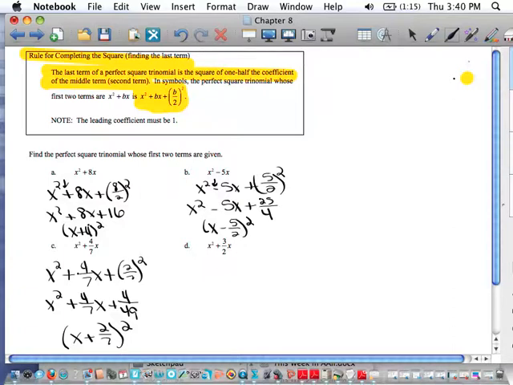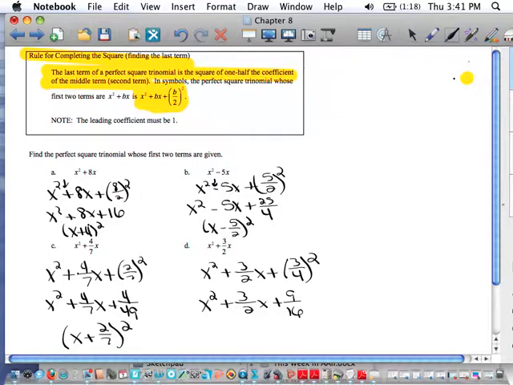Finally, D, I have x squared plus 3/2 x plus 3/2 divided by 2 will give me 3/4, and then I'll square that. So my perfect square trinomial will be x squared plus 3/2 x plus 9/16.